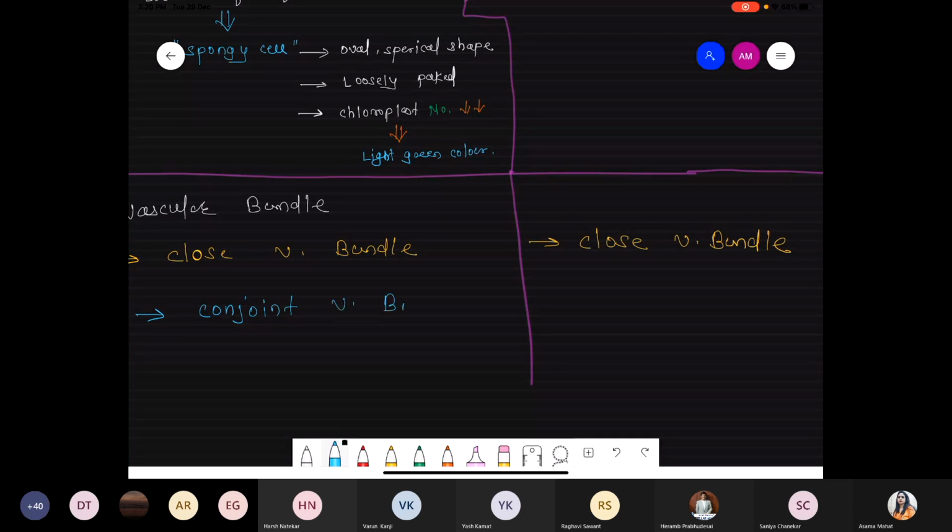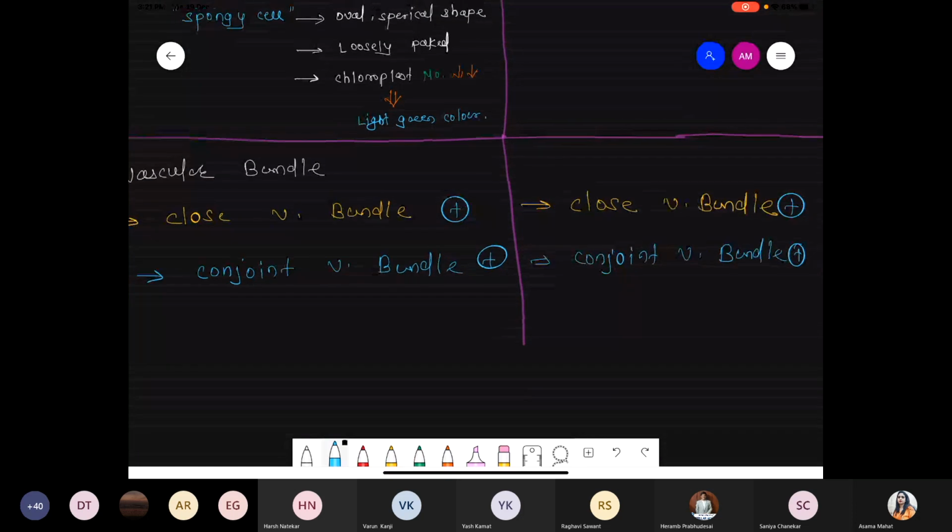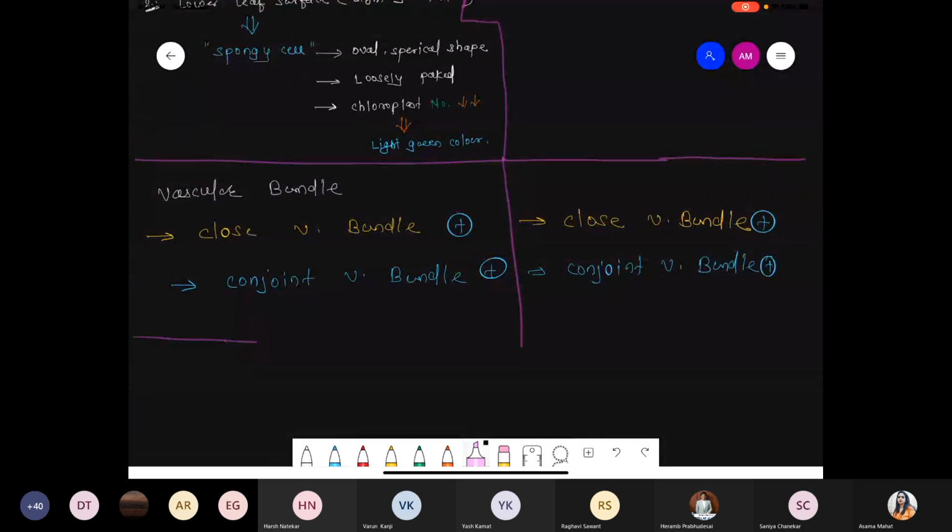Simple. Now we are talking about the next part, with respect to venation. Venation is nothing but the arrangement of veins.